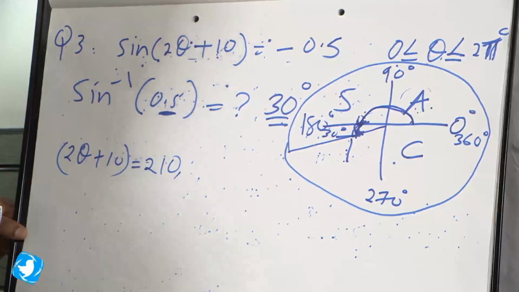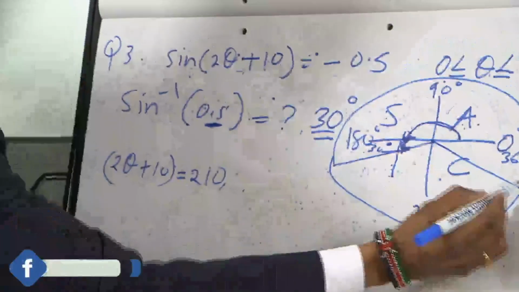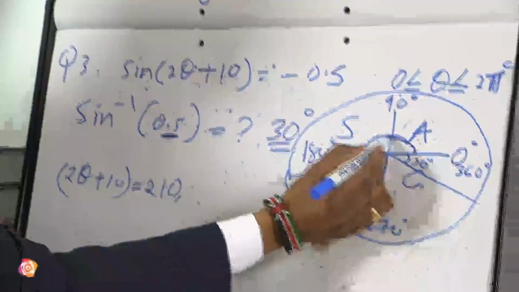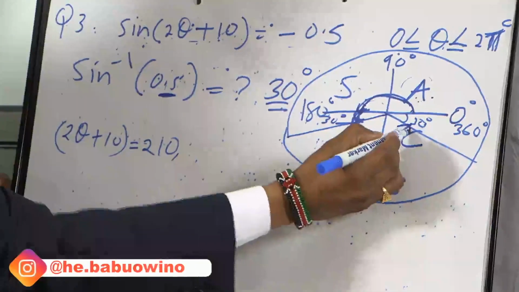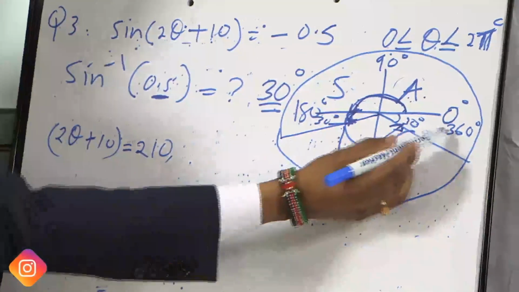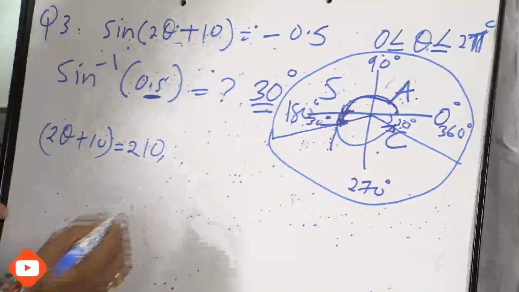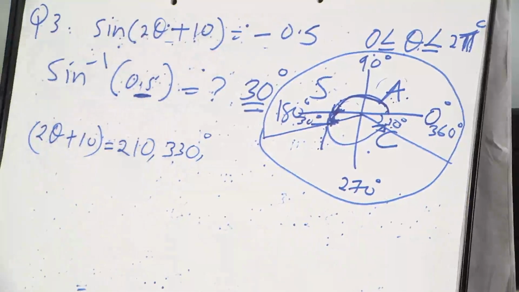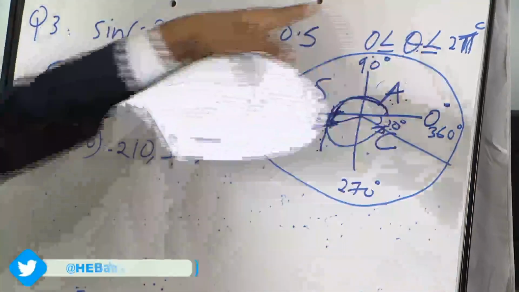Our second angle is 360 minus 30 degrees. You get 330 degrees.